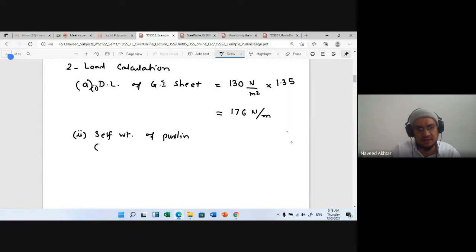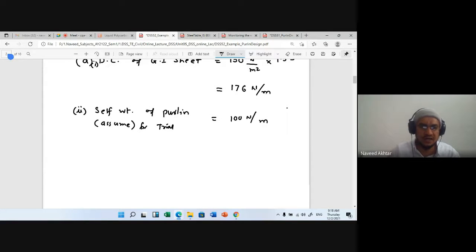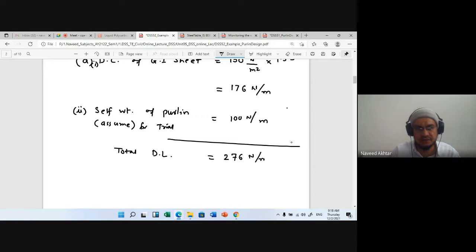For trial one, we will assume 100 Newton per meter as the weight of the purlin. So the total dead load on the purlin will be 100 plus 176, that is 276 Newton per meter.